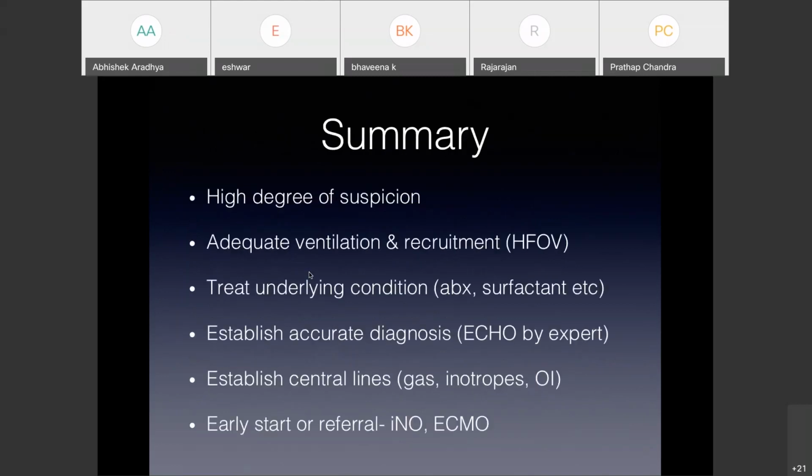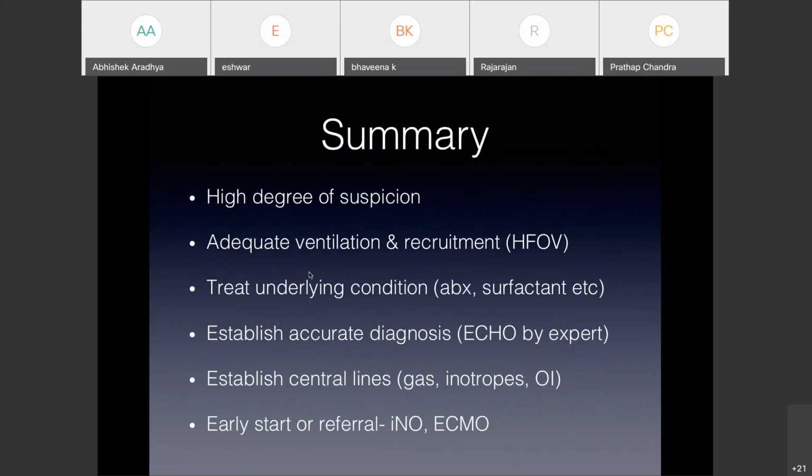Coming to my last slide, you should have a very high degree of suspicion of development of pulmonary hypertension. It's very difficult to look after because the blood pressure and the pulmonary arterial pressures are very, very labile. It just changes quite a lot.